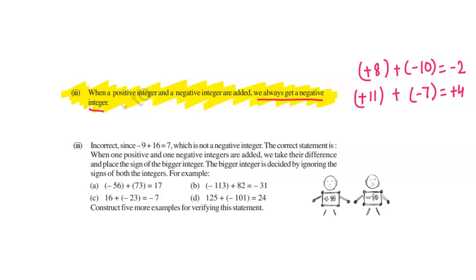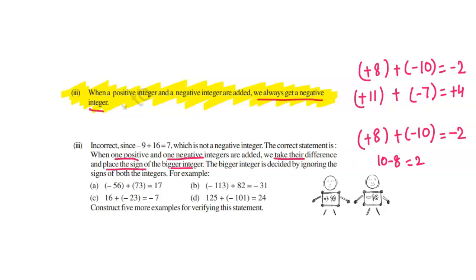So what should be the correct statement? When 1 positive and 1 negative integer are added, we take their difference and place the sign of the bigger number. Suppose I have added positive 8 and negative 10. So we take their difference. We do 10 minus 8 in our minds and we take the sign of the bigger integer, that is 10. So we get negative 2 as the answer.